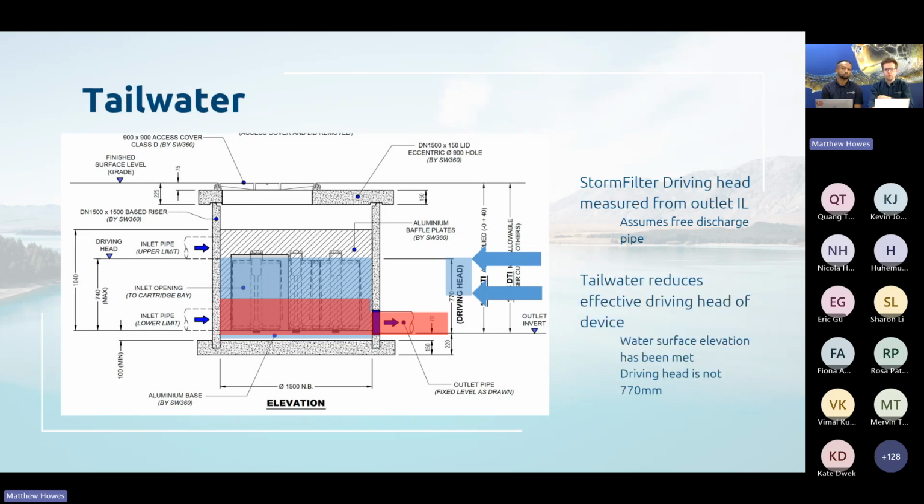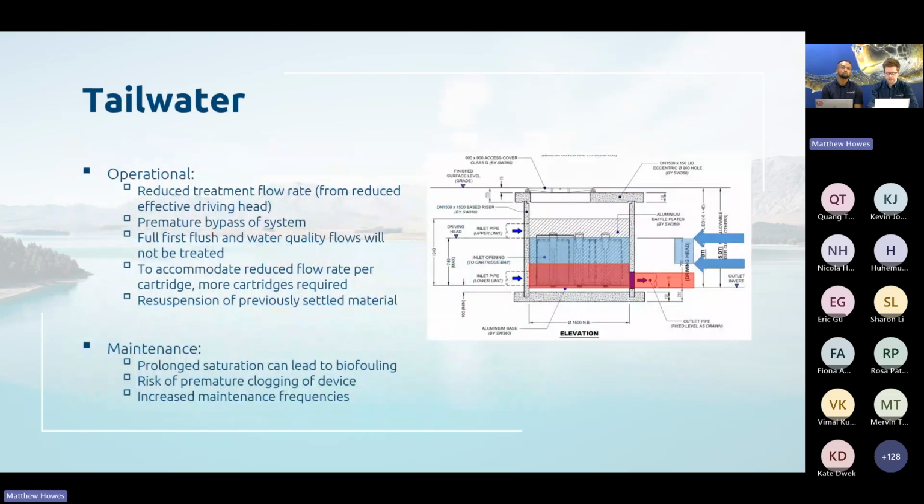So if there is tailwater, it reduces the effective driving head of the device. Although the water surface elevation within the device has been met, the floats will pop up and water will start flowing through, we don't have that full 770 mil of driving head to push the water through at the design flow rate. So what does that mean? Well, Johannes alluded to operationally, that means that we're likely to have a reduced treatment flow rate from a reduced effective driving head, which means the system will prematurely bypass.